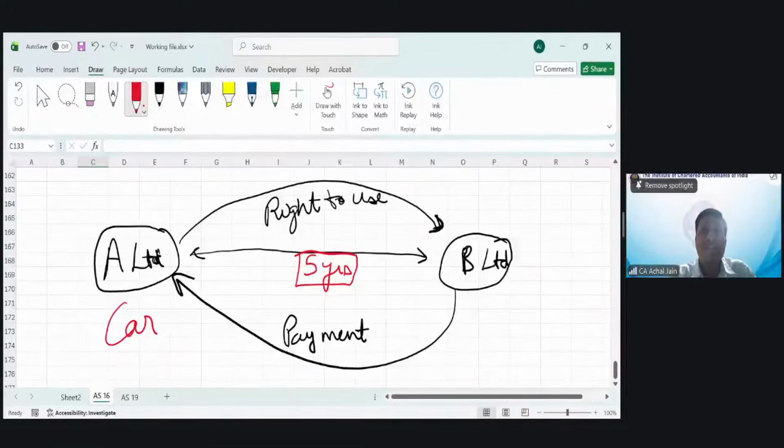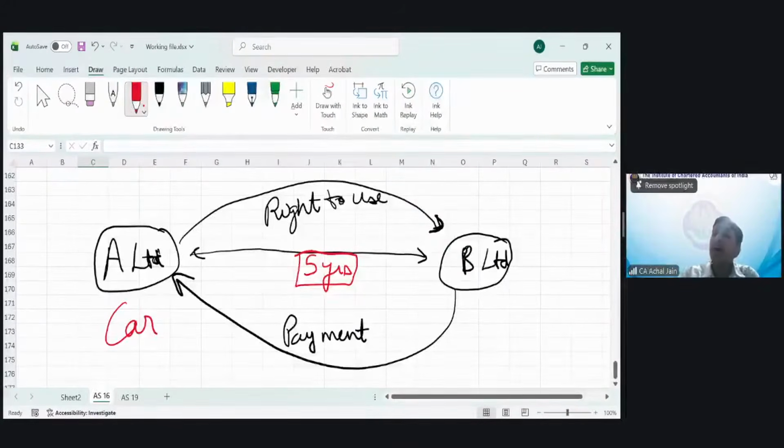Can we say that the ownership of the car gets transferred to B? No. Ownership doesn't get transferred to B. A continues to remain the owner of the car. Even after 5 years, A will be the owner.